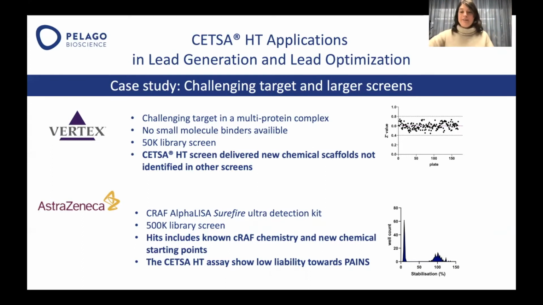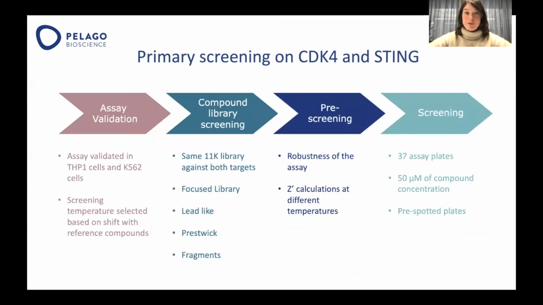Thank you, Michael. So I'm going to start off by telling you about the project we have done internally at Pelago. We have conducted a primary screen on CDK4 and STING. We started this project by validating these assays, and we chose THP1 cells and K562 cells as appropriate cells to do the assay in.